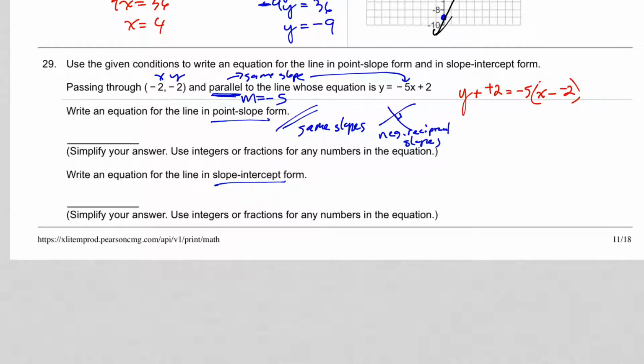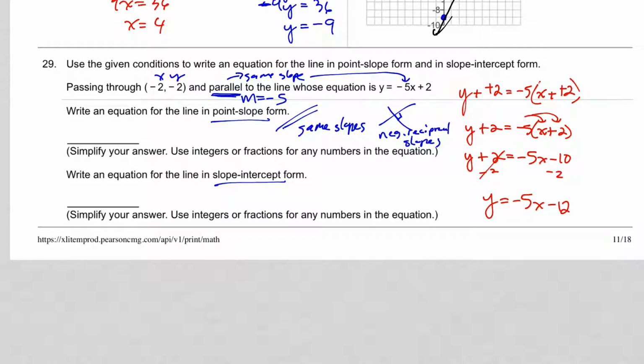Both of those become positives. So we have y plus 2. And then let's just rewrite this and distribute. So negative 5x minus 10, and then subtract the 2. So final answer is going to be negative 5x minus 12.